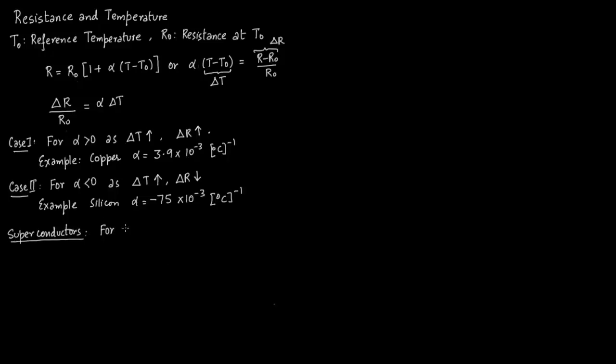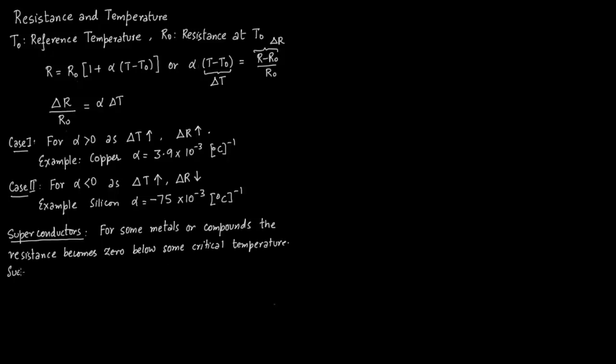Now we come to superconductors. For some metals or compounds, such as some particular kind of ceramic, the resistance becomes 0 below a certain critical temperature. Such materials are called superconductors.